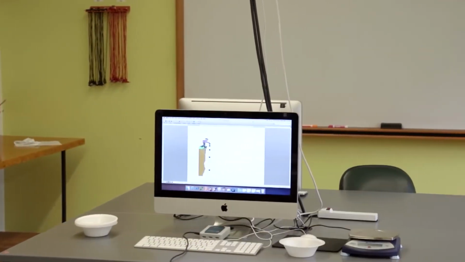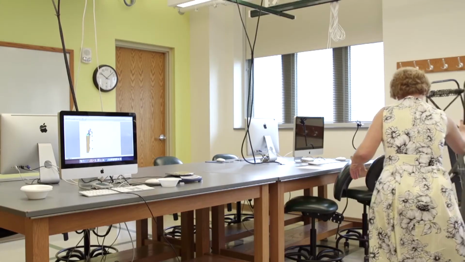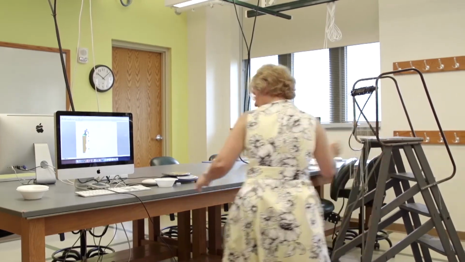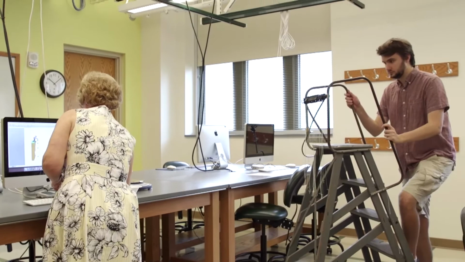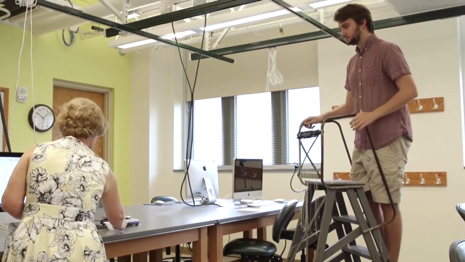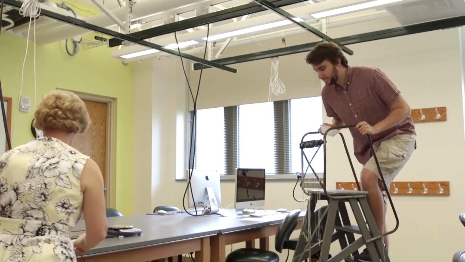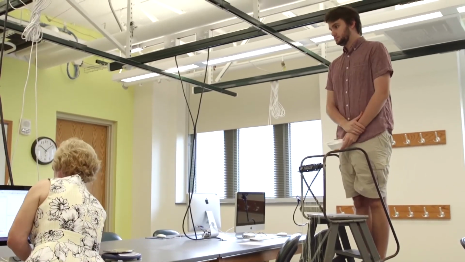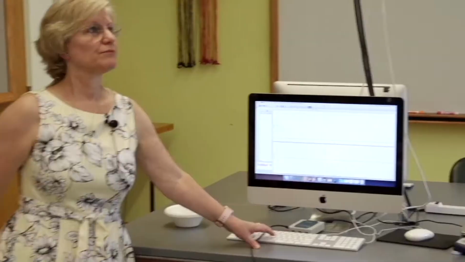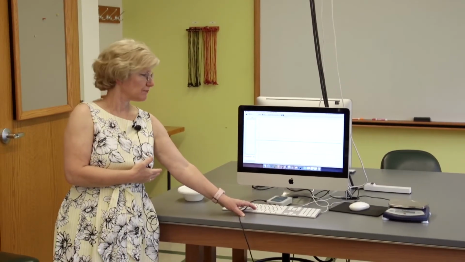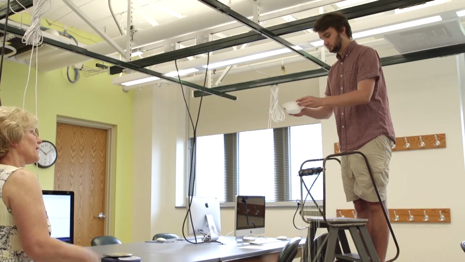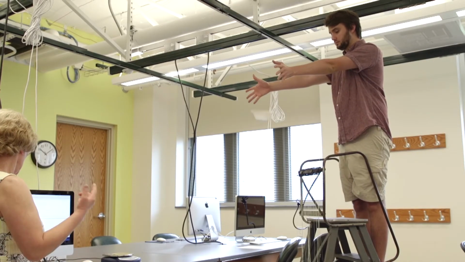So I'll put this on the floor, and with help of my friend Nathan, use LoggerPro to collect the data and to analyze the graph to see how the mass of the ball will affect the terminal velocity. All right, Nathan, we are ready. Go.